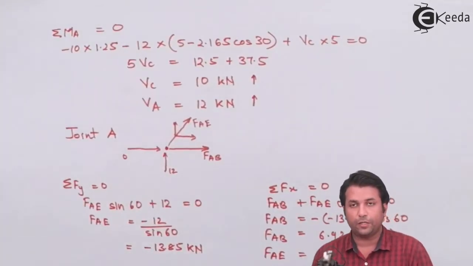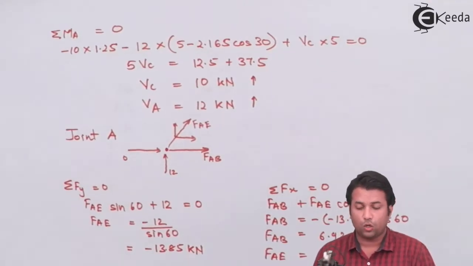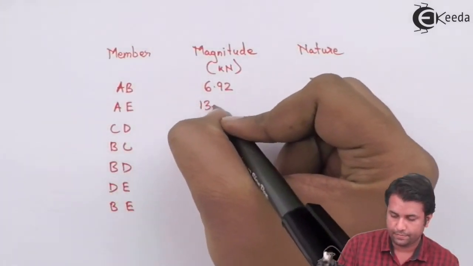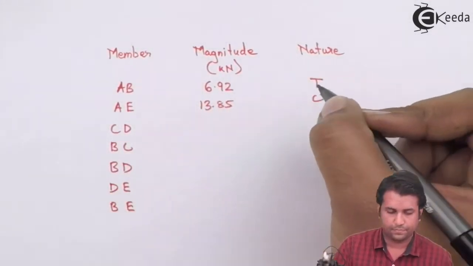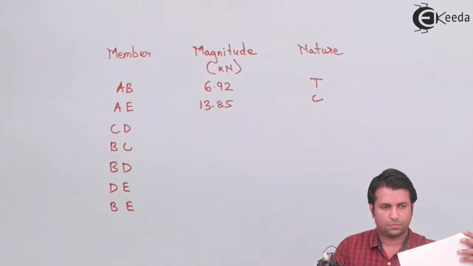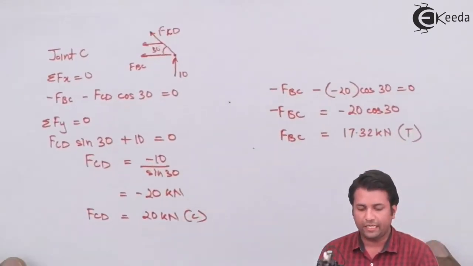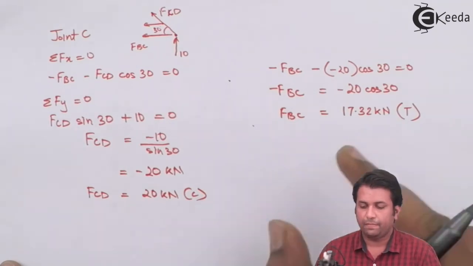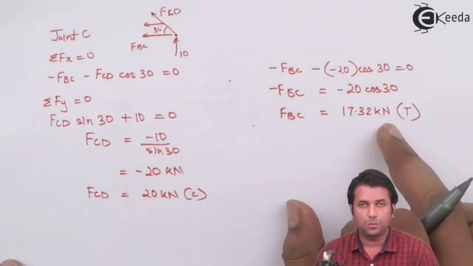AB is 6.92 tensile force. AE is 13.85, a compressive force. If I take joint C, CD is 20 kilonewtons compressive, BC is 17.32 tensile.